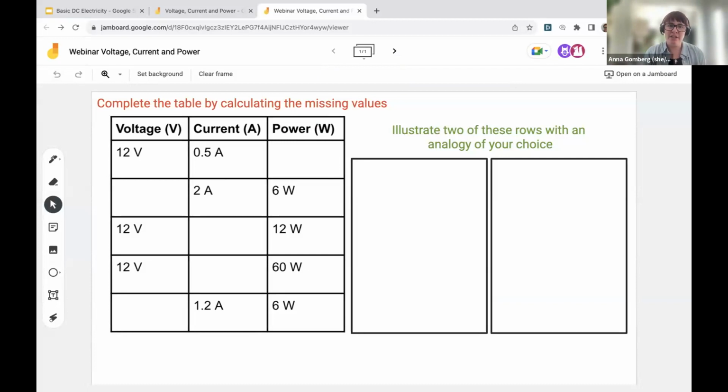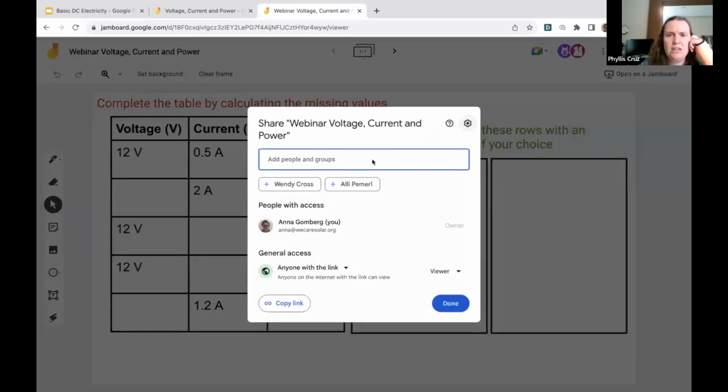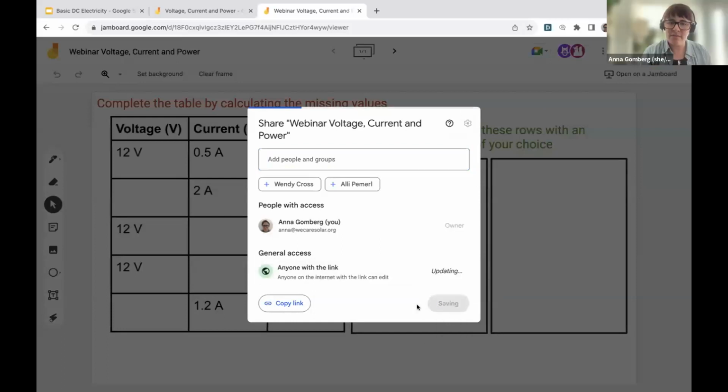So if anyone wants to just complete any of those. It says view only. Okay, I thought I shared it so that you could. Or maybe I just don't know how to edit on Jamboard. Oh, it's because I shared the wrong one. I did it wrong. Let's try that again. Oh, great. Someone else is here. Okay, that link should work.